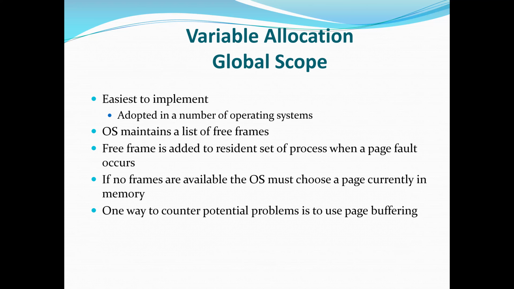Typically, the operating system also maintains a list of free frames. In this case, when a page fault occurs, a free frame is added to the resident set of the process, and the page is brought in. When a process experiences a page fault, it will gradually grow in size, which should help reduce the overall page faults in the system.